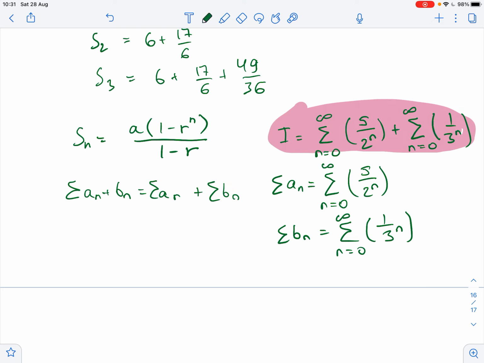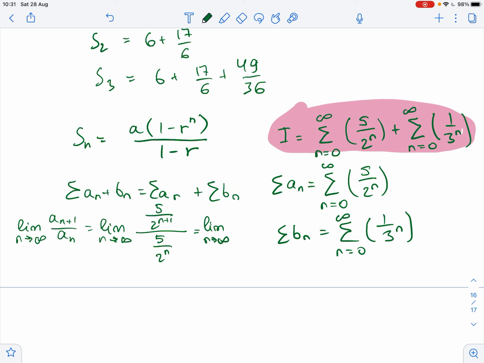And now we will check the convergence of this series by the ratio test. So the limit of an plus 1 over an, where n approaches infinity, equals the limit of 5 over 2 to the power of n plus 1 over 5 over 2 to the power of n.